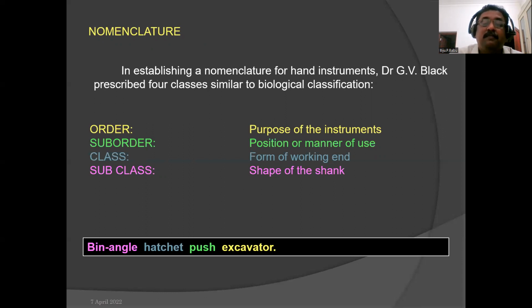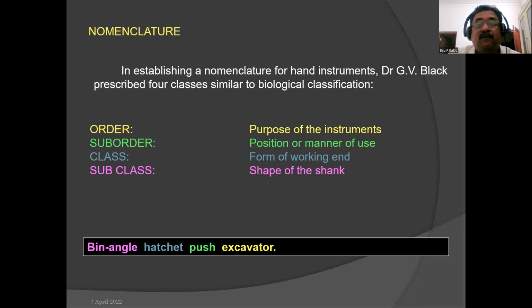Order means the purpose: what is the instrument used for? Second, suborder means position or manner: in what position you use it, or the manner of use of the instrument.